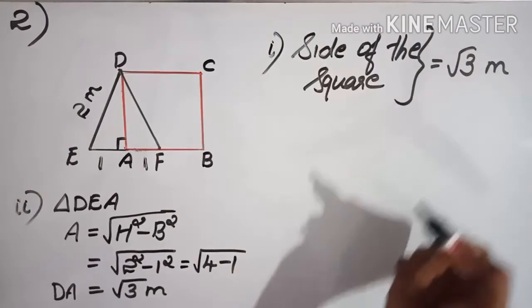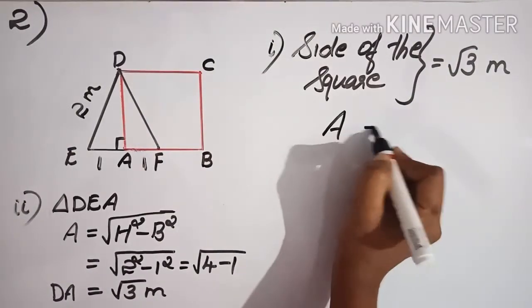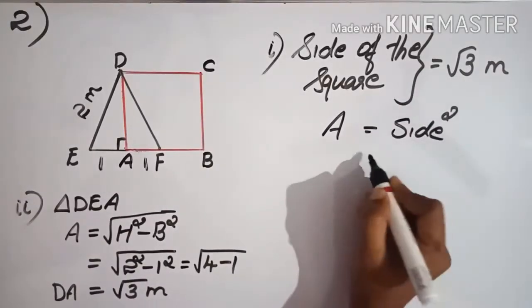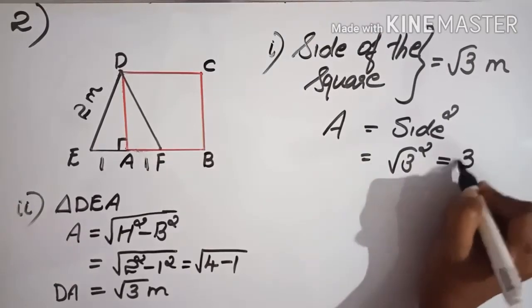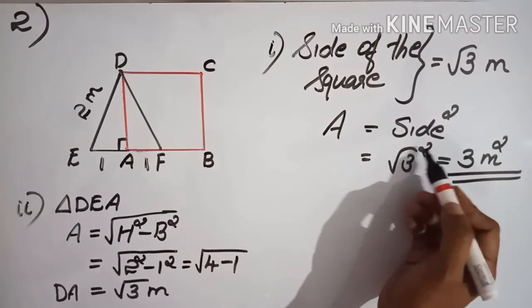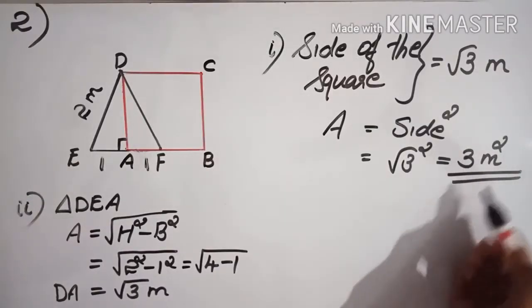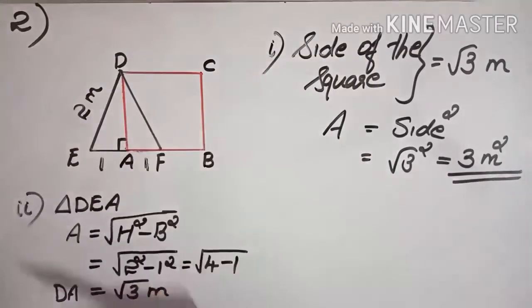Now if the side of the square is root 3 meter, what will be the area? Area equals side square, that is root 3 square. Root 3 square means the root and the square cancel, so the answer is 3 meter square. So 3 meter square is the area of this square ABCD.